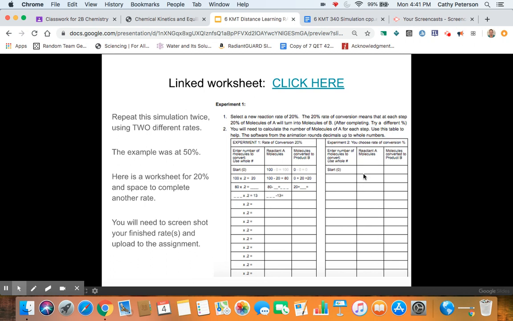You're going to have to also do it for experiment 2, a rate of your choosing. When you finish the 20%, take a screenshot, then try a percentage of your choosing and take a second screenshot. You can upload the screenshot.